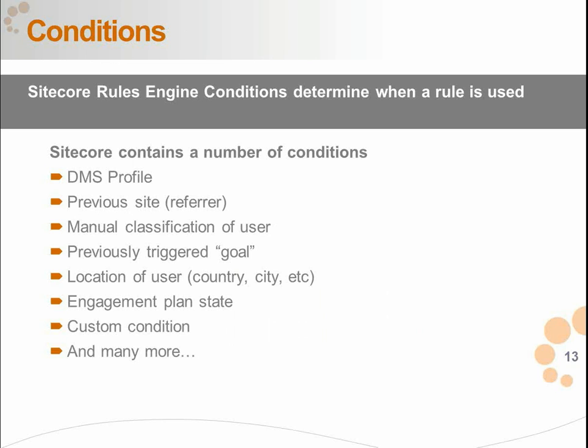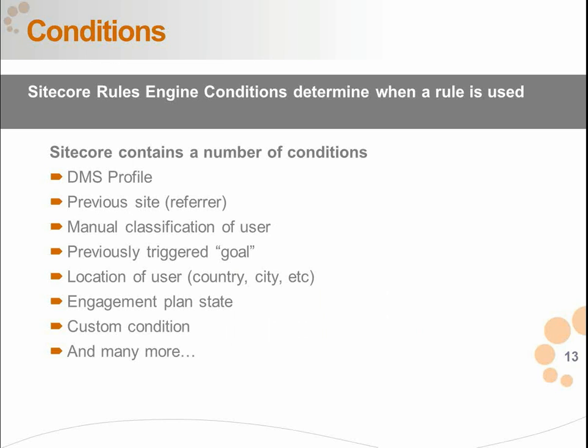So with an engagement plan in DMS, I can create a set of states, a workflow essentially, connected by different vertices, and I can place users into a particular state of that engagement plan, and then they filter through that. So it's a little bit abstract and generic.